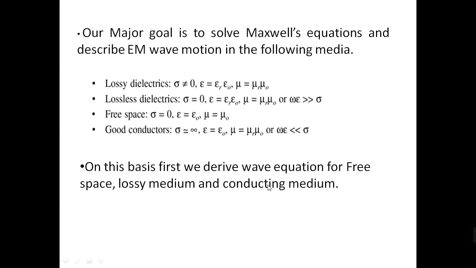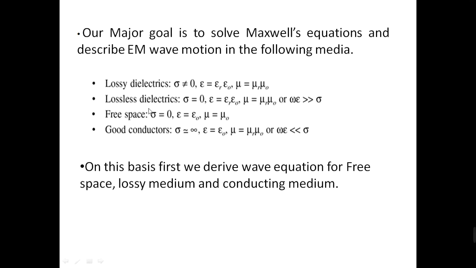See here, lossy dielectrics. The medium is called a lossy dielectric when the conductivity is non-zero, permittivity epsilon is equal to epsilon r into epsilon naught, and mu is equal to mu r into mu naught.